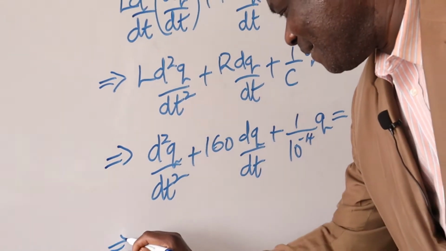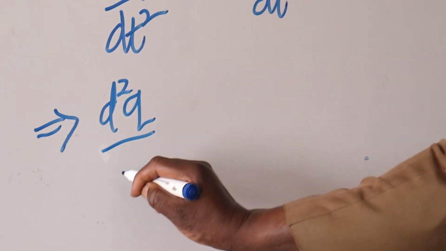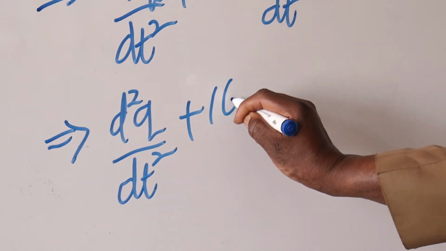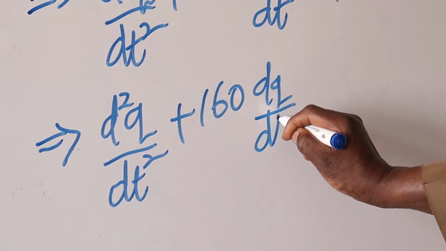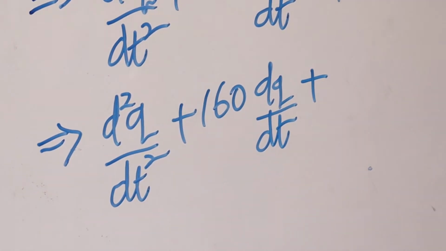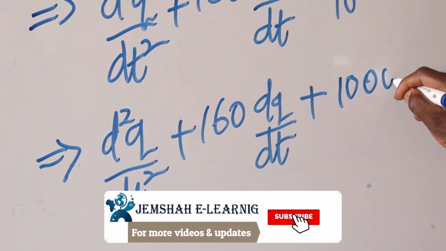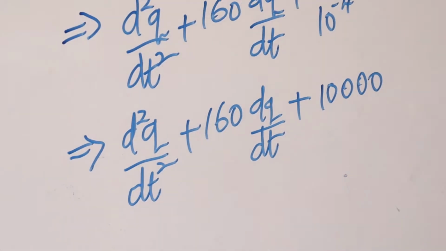This implies d squared Q dt squared plus 160 dq dt plus 10,000 Q is equal to 20, since 1 divided by 10 power minus 4 gives 10 power 4.